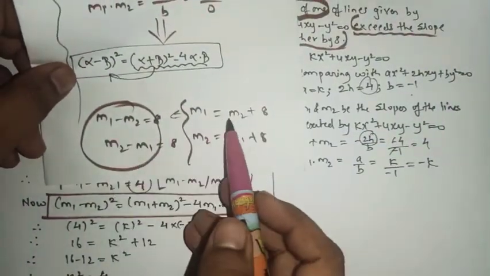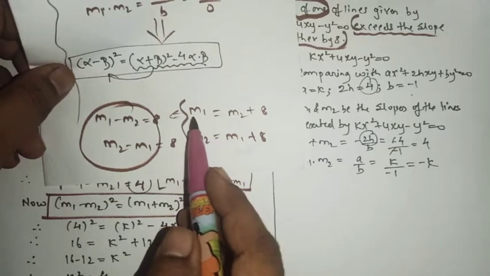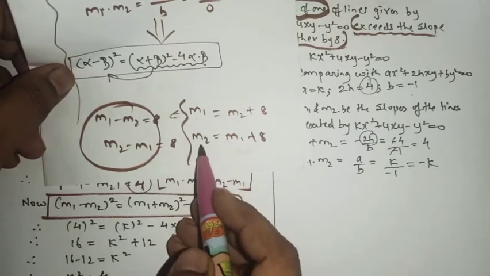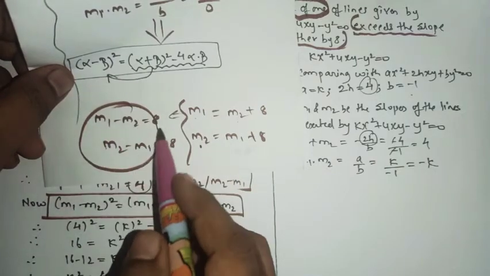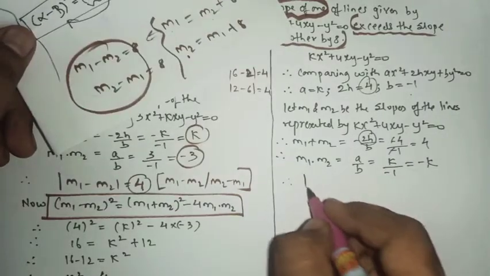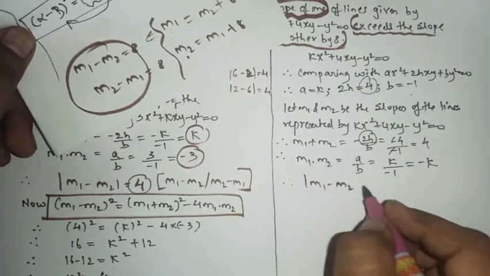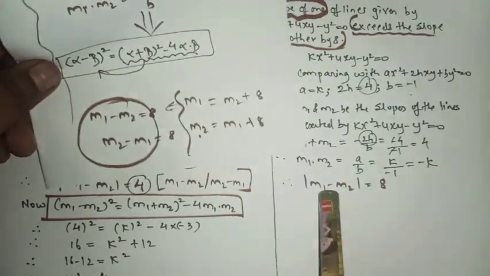Here one slope exceeds the other by 8, and we don't know which slope will come first, m1 or m2. So you will get m1 minus m2 or m2 minus m1, but the answer should be equal to 8. This condition we can write as mod of m1 minus m2 equals 8. Got the point?